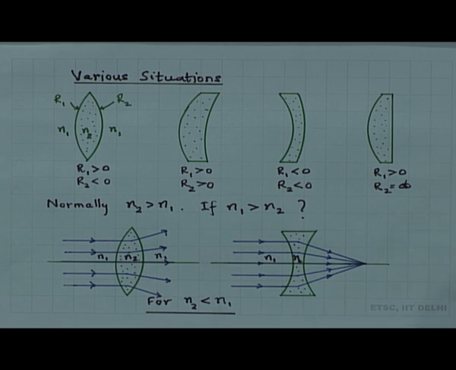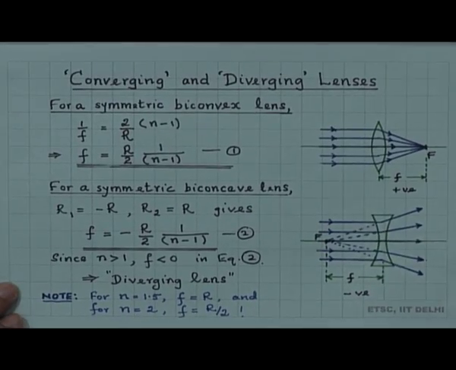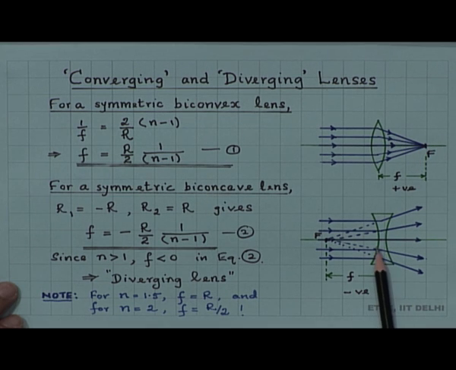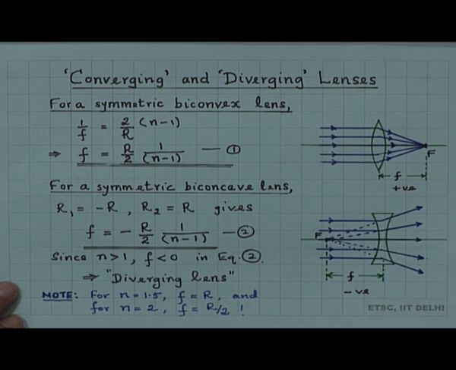Earlier I had shown that in diverging and converging lenses, a convex lens is a converging lens and a biconcave lens is a diverging lens.